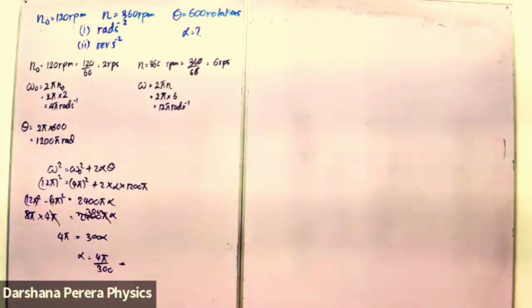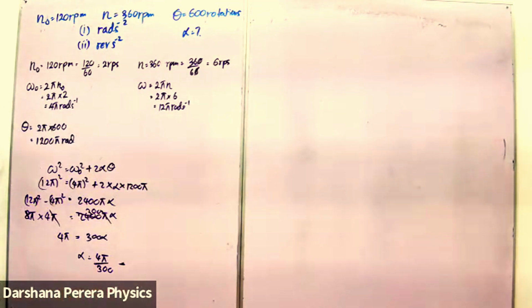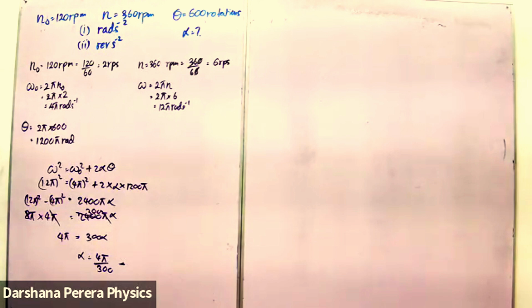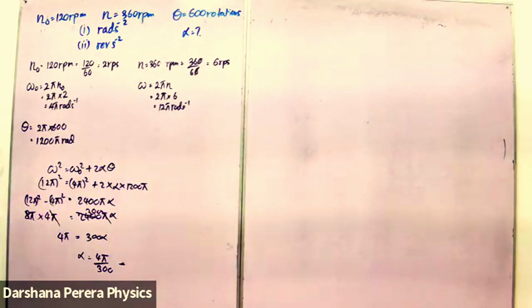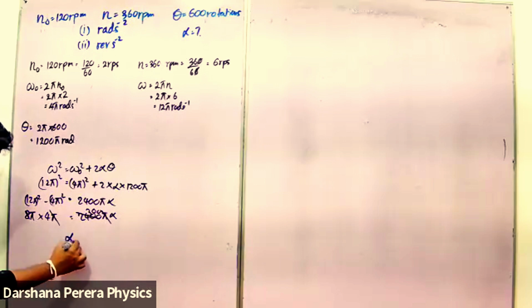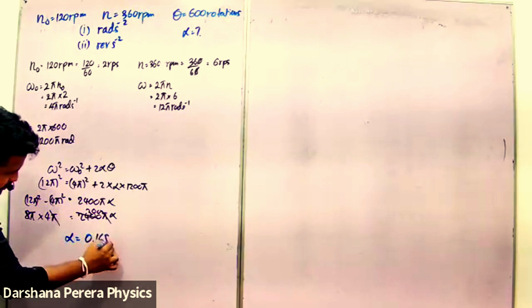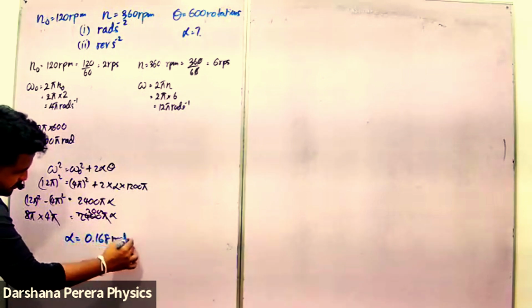The value is 0.41 into 10 to the power minus 10. Alpha can be taken as 0.167168 rad s minus 2.